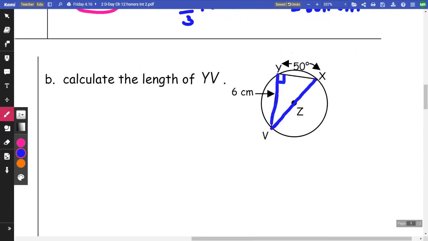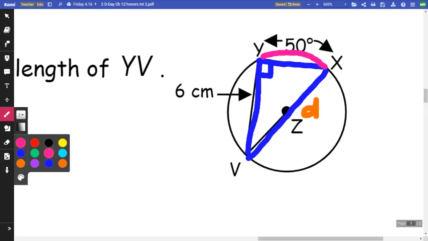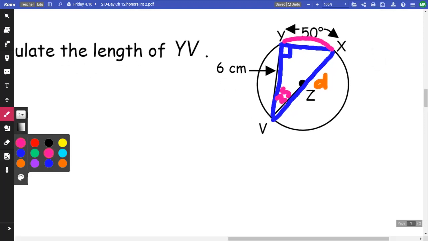So I've got 6 on this side. I need to find, I'll put D for diameter. What I do know is since this arc here, the arc measure is 50, this inscribed angle is going to be half of that, which is 25. So to find my D, I am going to be doing adjacent over hypotenuse.